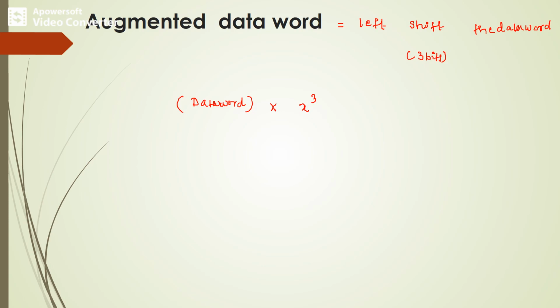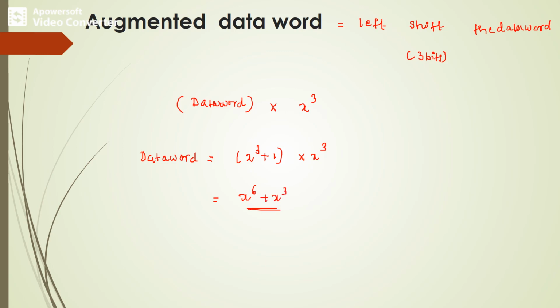Now we know that the data word in terms of polynomial is x power 3 plus 1, and we have to multiply by x power 3, or else perform a left shift of the data word by 3 bits. So we will get x power 6 plus x power 3.